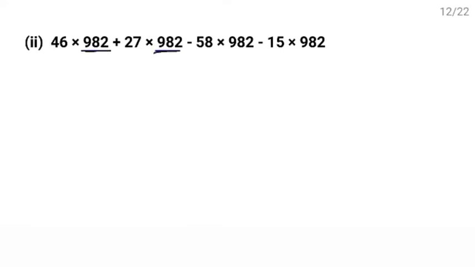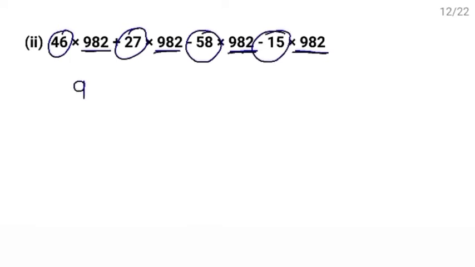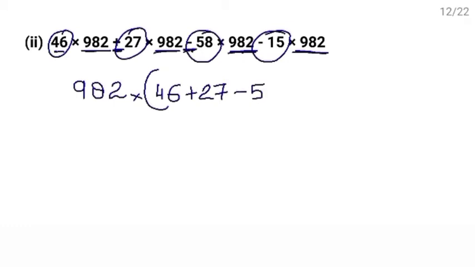982 is multiplied by 46, 27, minus 58, minus 15. So we can take this 982 common. Clear? Now in the bracket we have 46, then plus sign 27, then minus sign 58 because 58 has a minus sign, minus 15.